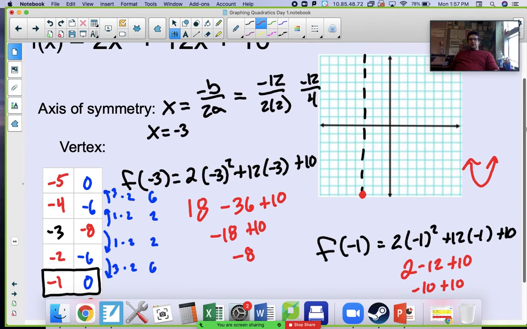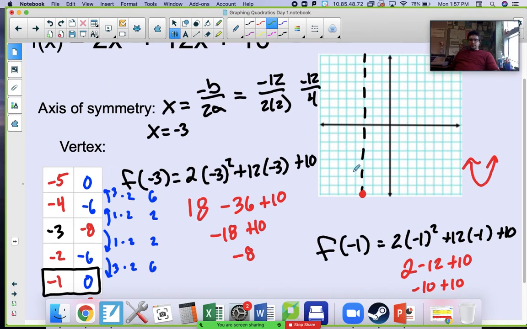So we don't have to plug in our points. We have it over here in our table. So we've got -2, 6, 1, 2, 3, 4, 5, 6, and then -1, 0. Identical points on the other side.